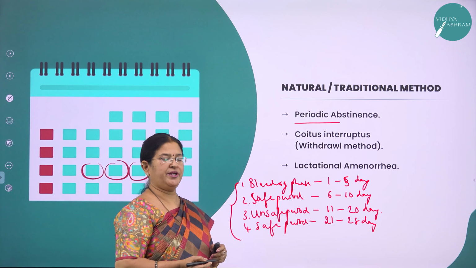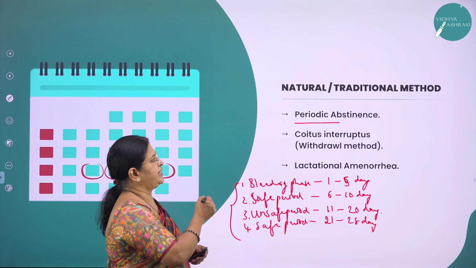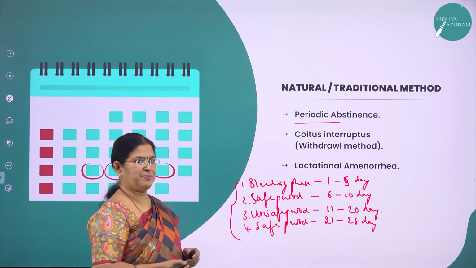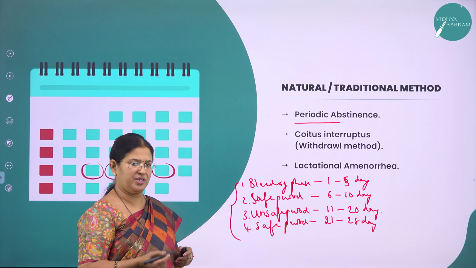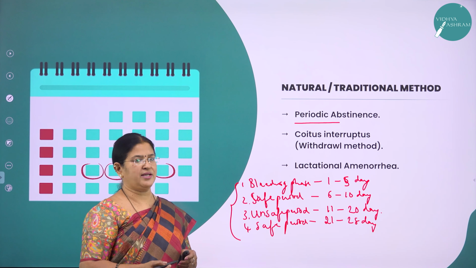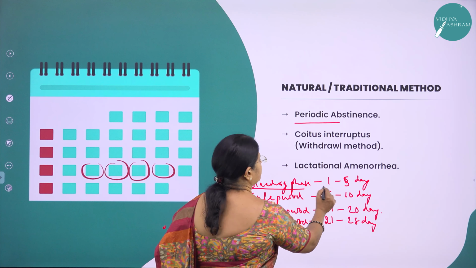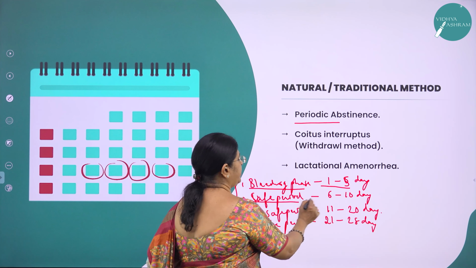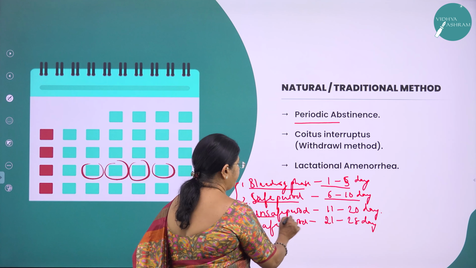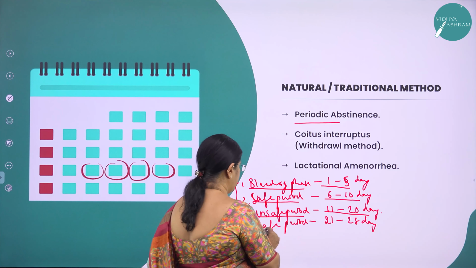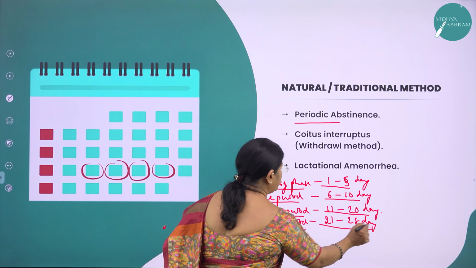So, as I said, the technique applied in periodic abstinence is based on the knowledge of menstrual cycle, where the menstrual cycle is divided into 4 phases: the bleeding phase is from 1 to 5 day, safe period is from 6 to 10th day, unsafe period is from 11 to 20th day, and safe period is from 21 to 28 day.